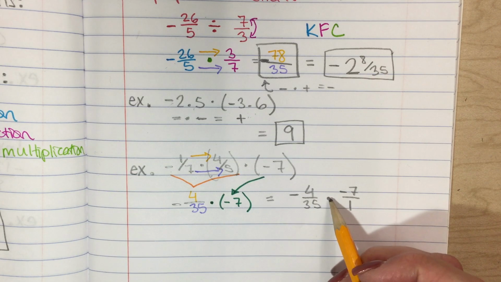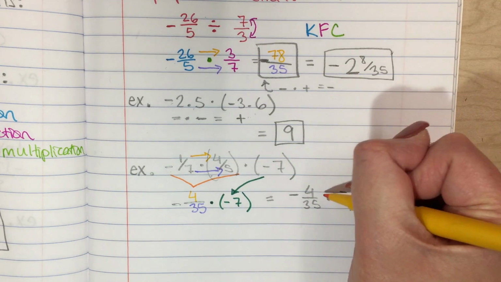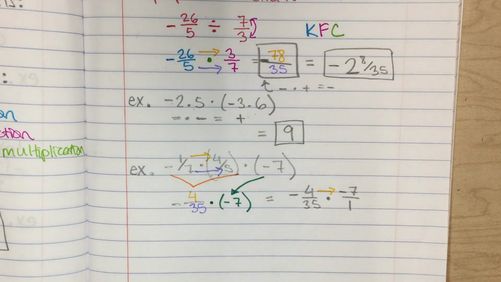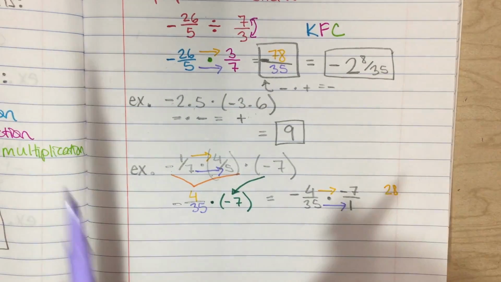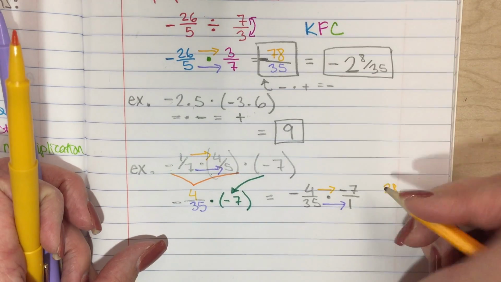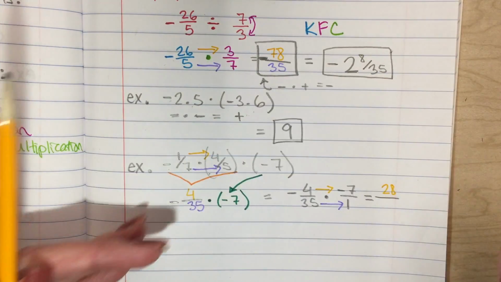So I'm doing 4/35 times negative 7/1. What is super nice about multiplying fractions is you do not need a common denominator. So that saves us a lot of time. All we do is multiply the tops, multiply the bottoms. So I do 4 times 7, and I get 28 over, and then I do 35 times 1, and I get 35.